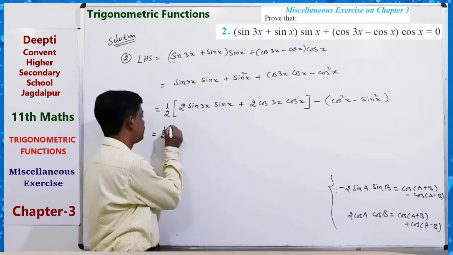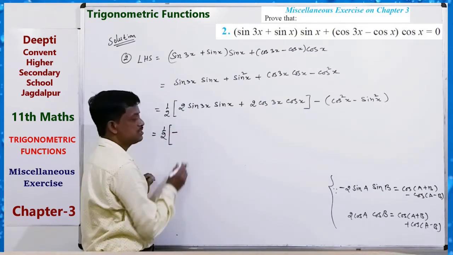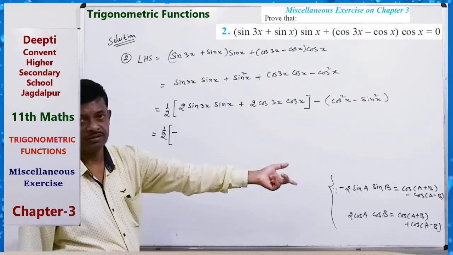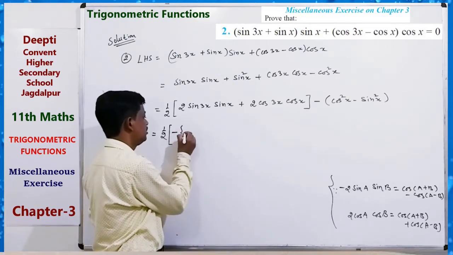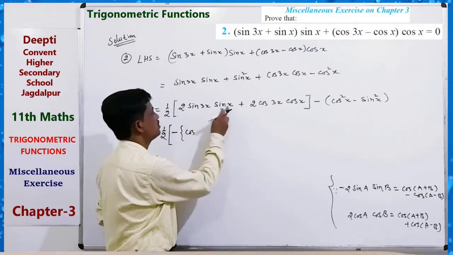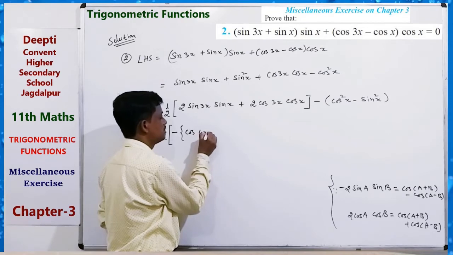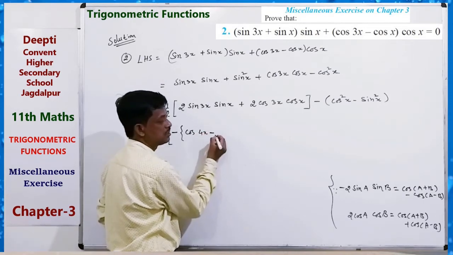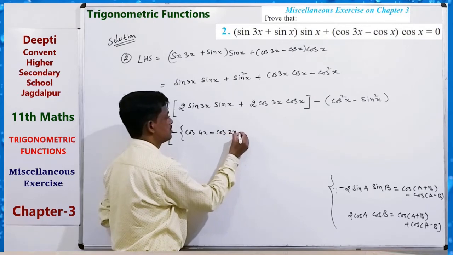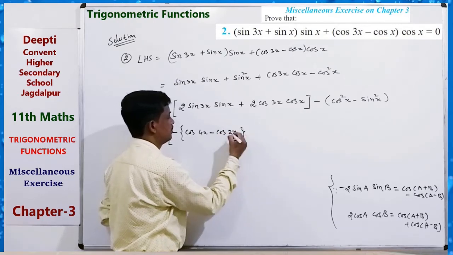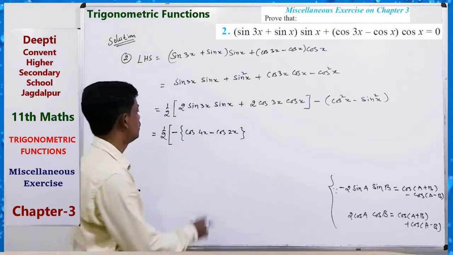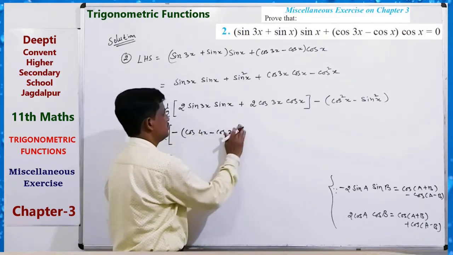So here we can write minus, because minus 2 sin A sin B, so minus of cos of A plus B, that is 3 plus 1, 4x, minus cos of 2x. This is the formula. Okay, we can write like this also.